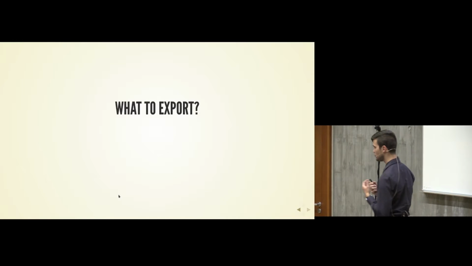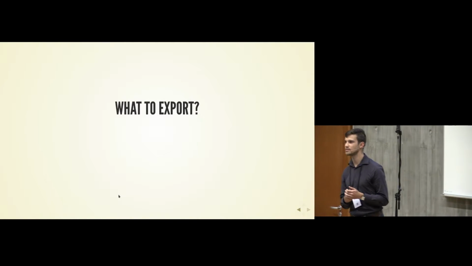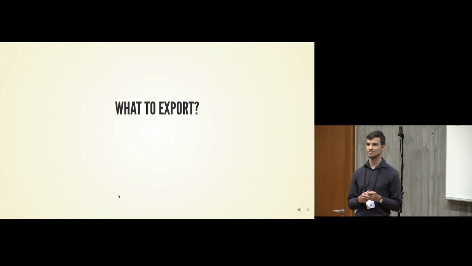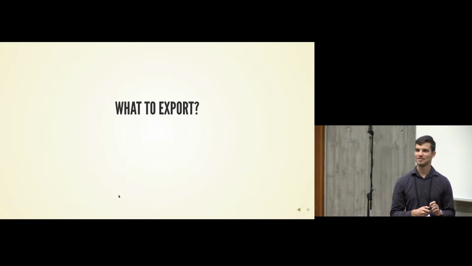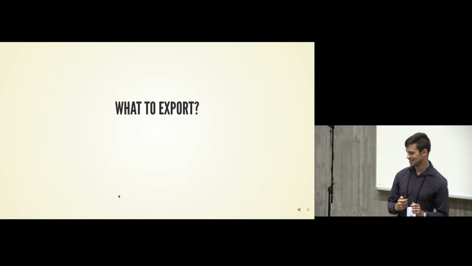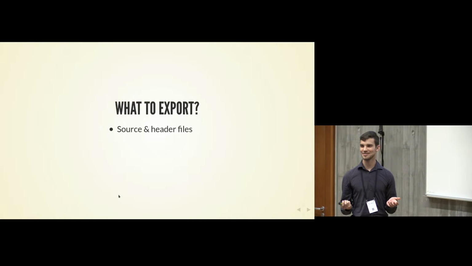So, what do I need to export? Do you have any ideas? Are there any embedded developers still here? Okay. No idea. Okay. Then I will tell you. So, source and header files, of course.